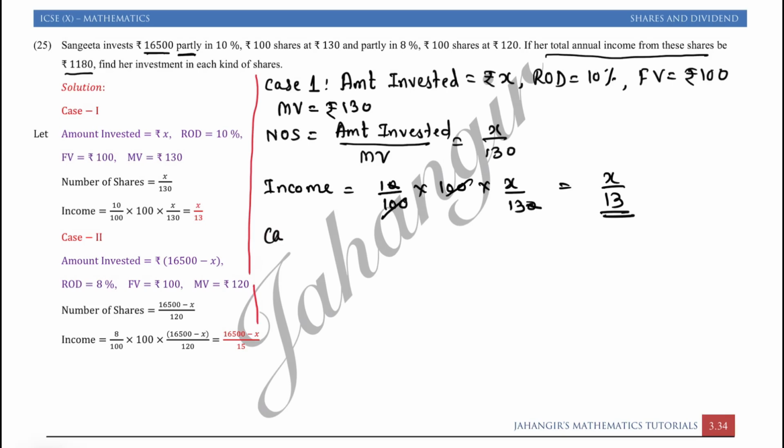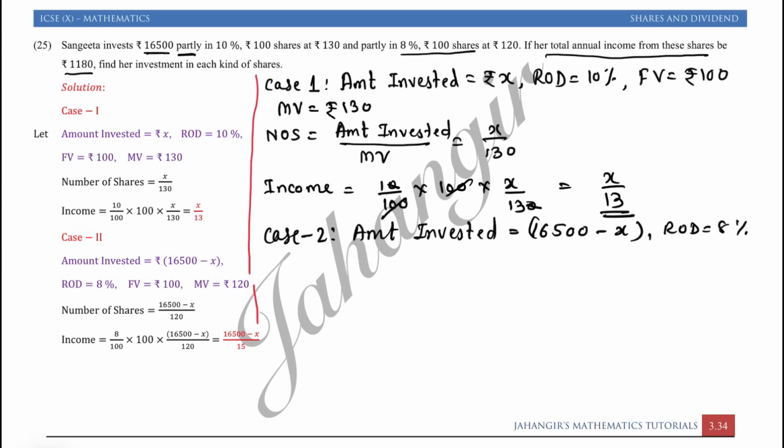Now case 2. Let us write information of case 2. In this, amount invested will become 16,500 minus X, whose rate of dividend is 8%. ROD is equal to 8%. It's given here.